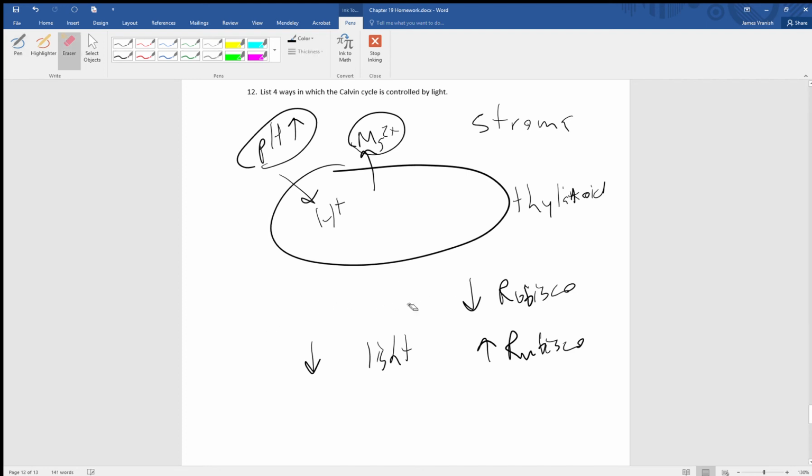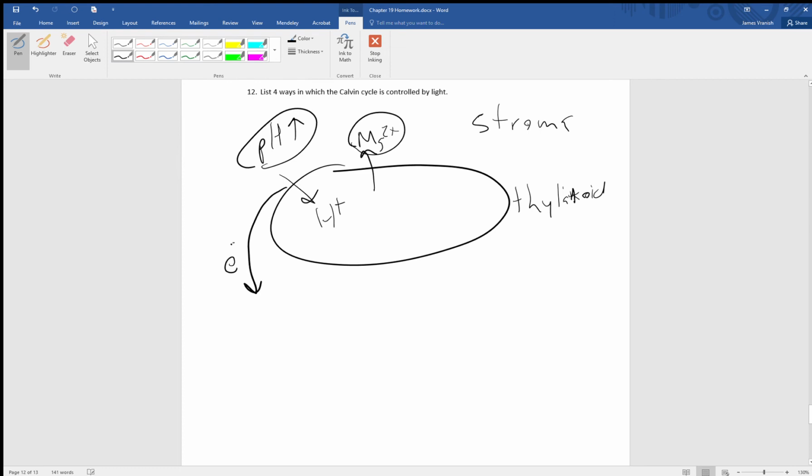Now the last portion here is that during the day, the photosynthetic electron transport chain is working, and some of these electrons can be donated on to reduce disulfides using a protein called thioredoxin.